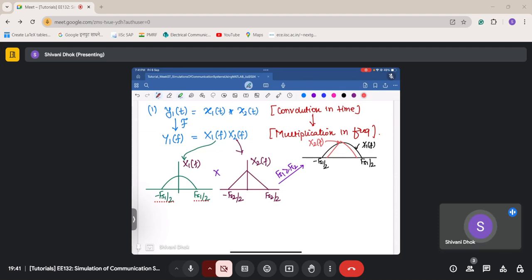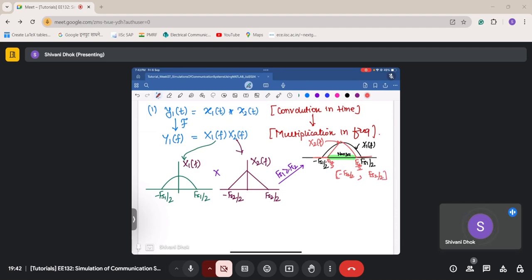If you multiply both of them, then this is the only region, fs2 by 2 to minus fs2 by 2, in which your multiplication will be non-zero, because outside it X2(f) is 0. So here your signal will lie between minus fs2 by 2 and fs2 by 2.